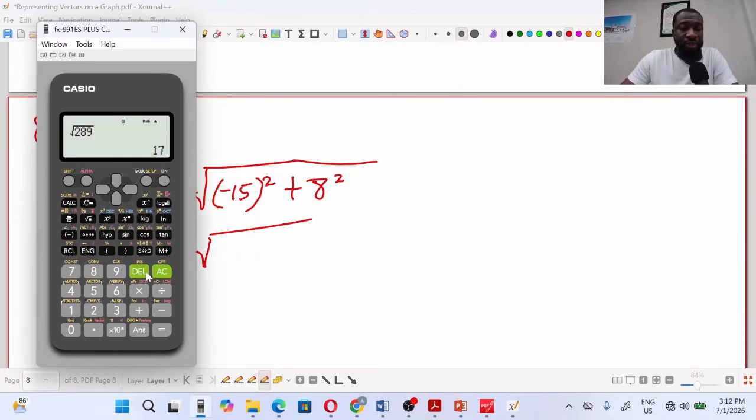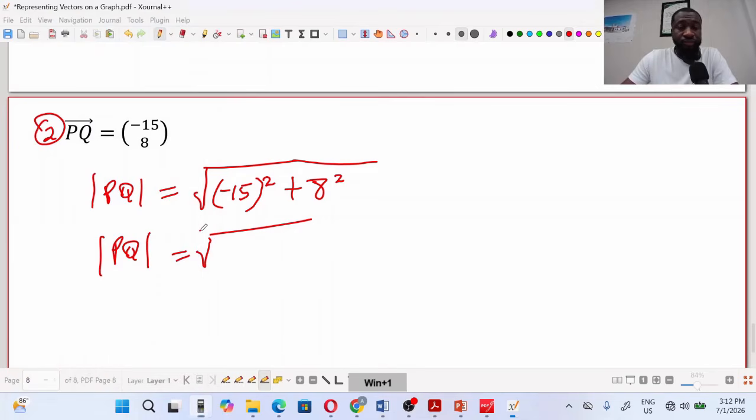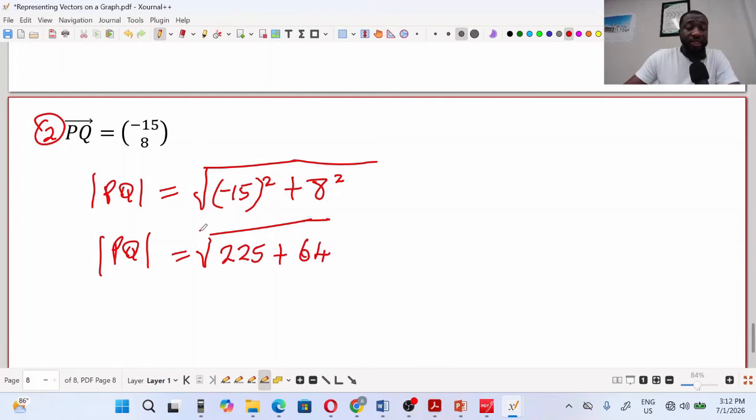When I punch in negative 15 squared, I'm going to have 225. So I have 225 plus 8 squared, which is going to give me 64. Then after that, I just have to put those two together.